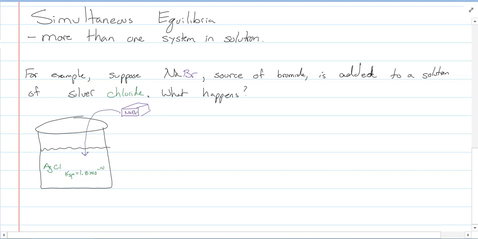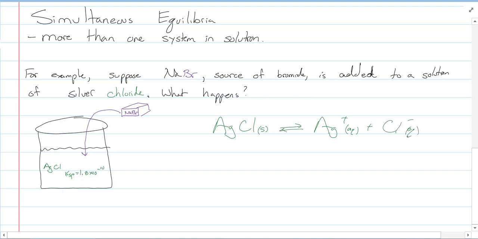Sodium bromide's coming in. Okay. Well, let's see. I got AgCl, Ag+ aqueous plus Cl-.